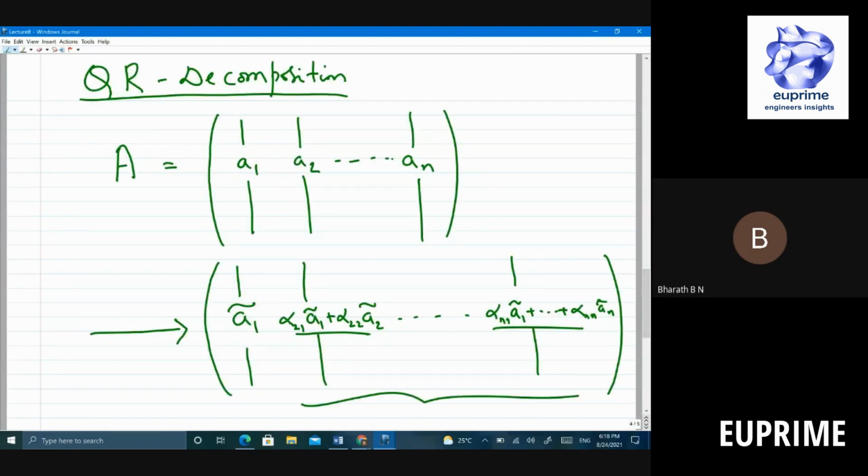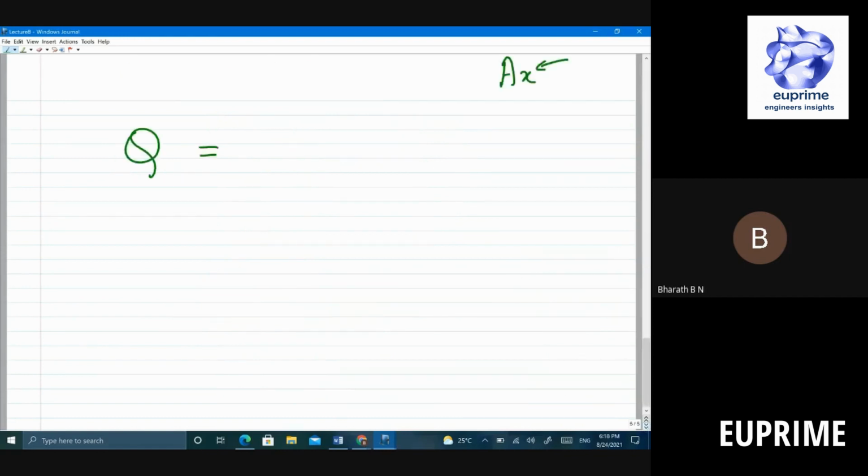Because they are orthonormal. How did I get this? Some linear transformation of A. What kind of linear transformation? It turns out to be some sort of an upper or lower triangular. So essentially, what it means is that I can write A as Q times R.